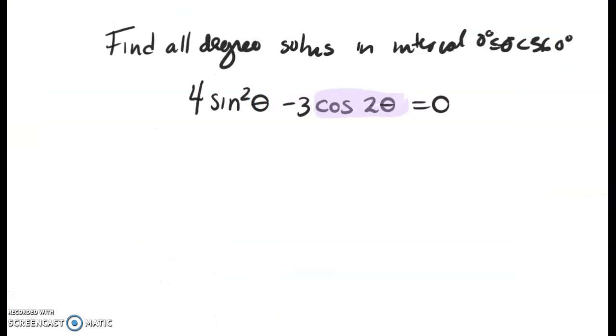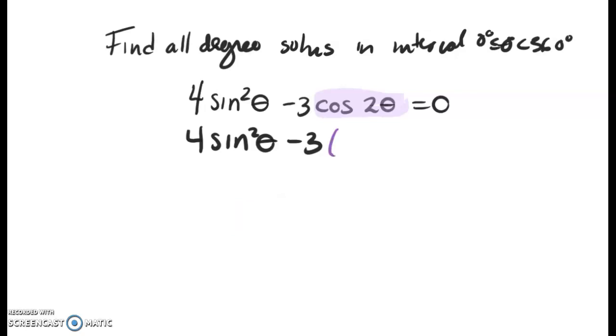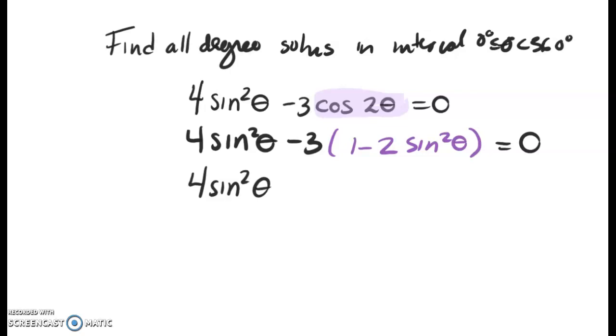So instead of writing cosine 2 theta, I'm going to write this as 1 minus 2 sine squared theta. So I replace the cosine 2 theta with this, and now I'm going to try to simplify it. This minus 3 will get distributed to both of these terms.